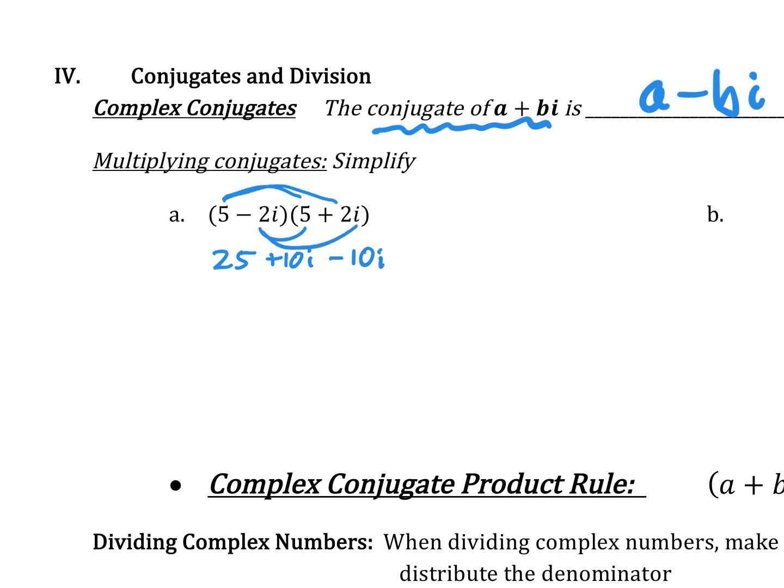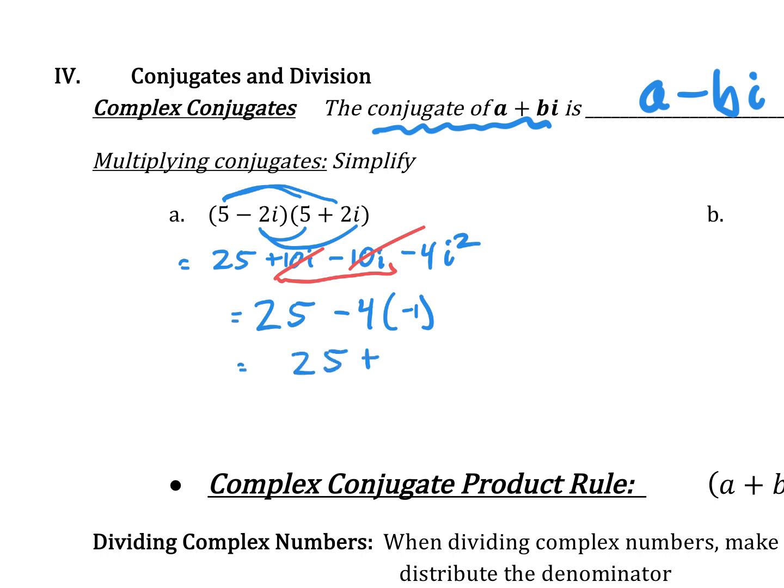And negative 2 times positive 2 is negative 4i squared. I times i, there's i squared. And what happens to the middle ones? They go away. We're left with 25 minus 4, and that i squared will become negative 1. Which is 25 plus 4, which is 29.